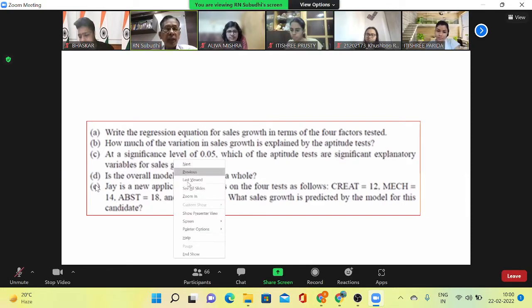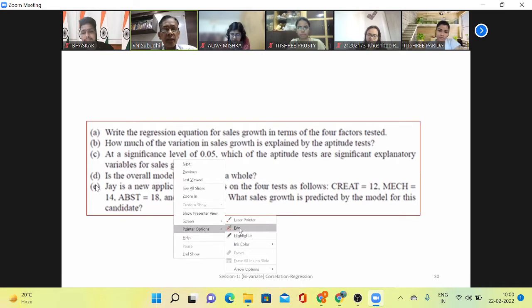Write one word, get 1 mark. As simple as that.